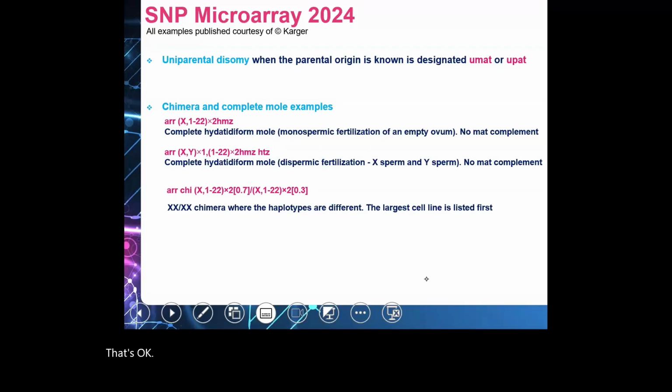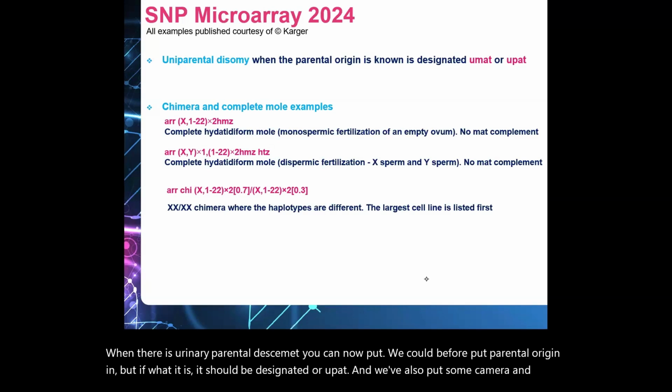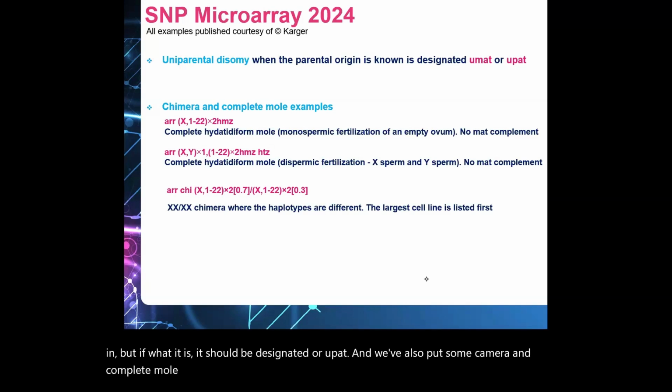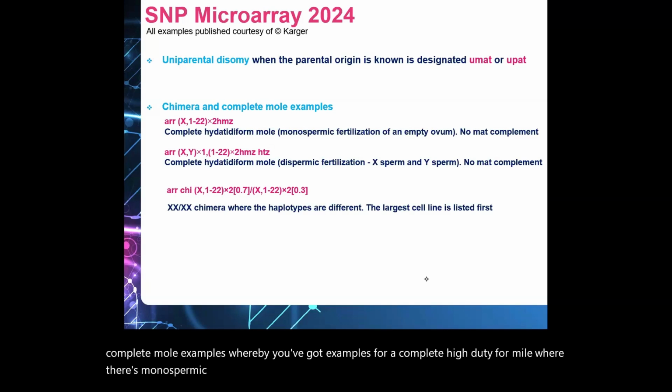When there is uniparental disomy, we could before put parental origin in, but if you know what it is, it should be designated UMAT or UPAT. And we've also put some chimera and complete mole examples, whereby you've got examples for a complete hydatidiform mole where there's monospermic fertilization of an empty ovum.